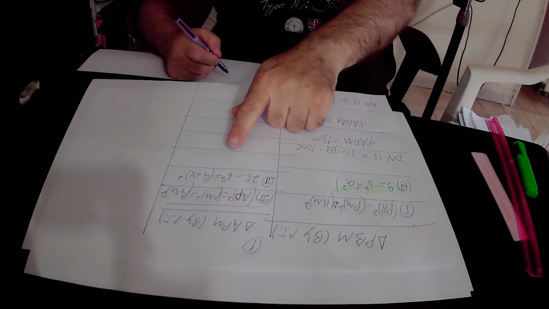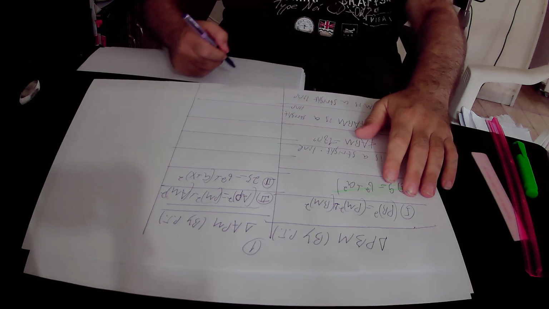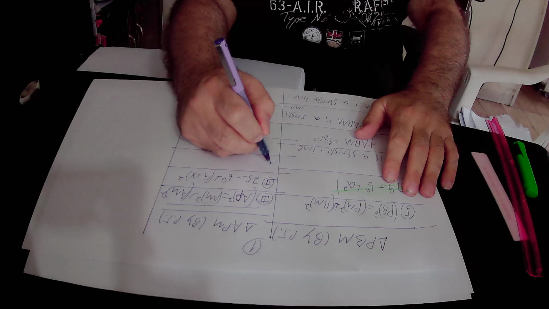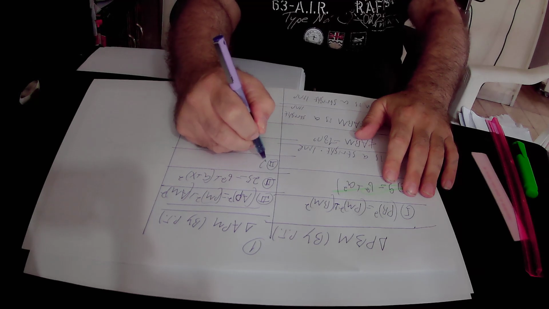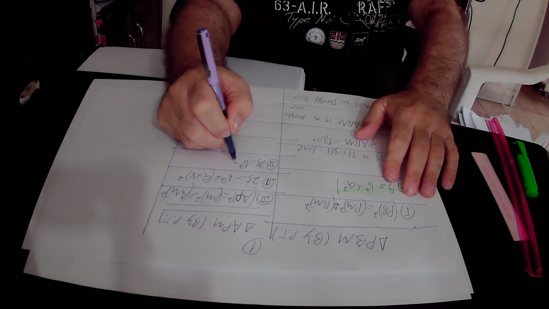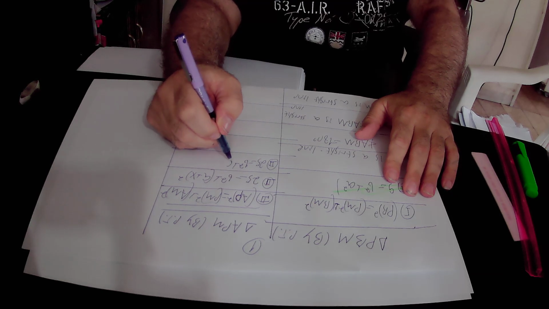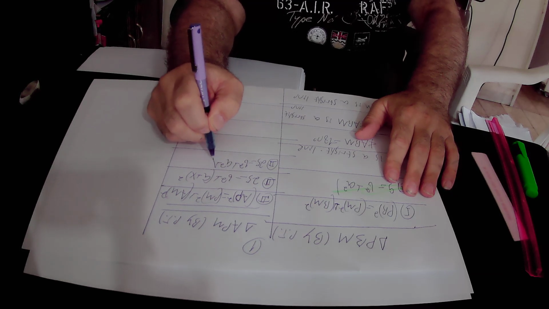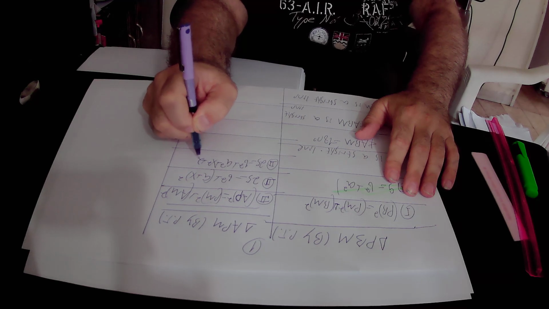Here we open the brackets on this side of equation number 2 and we get that 25 equals B square plus (A plus x) square, which equals A square plus x square plus 2ax.